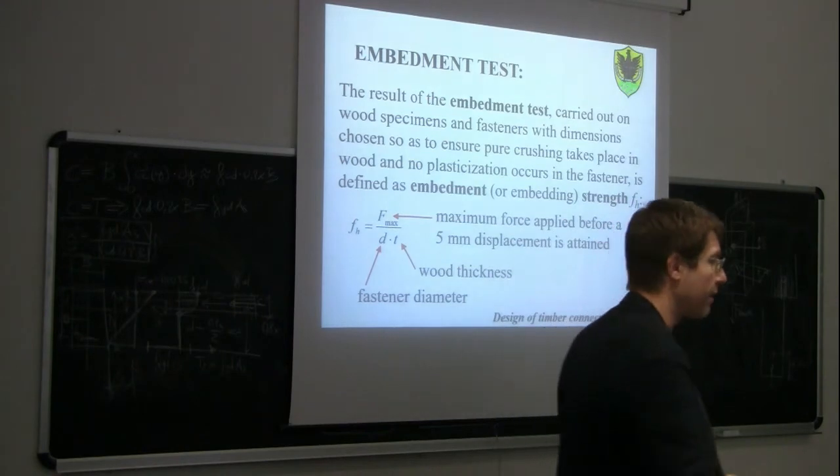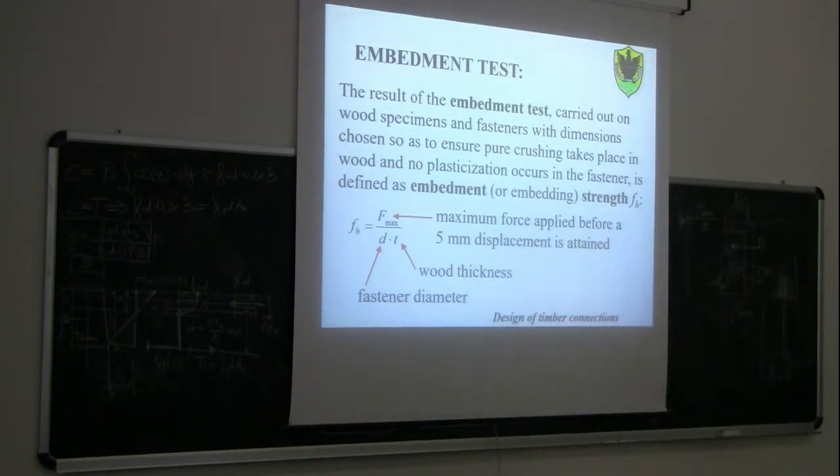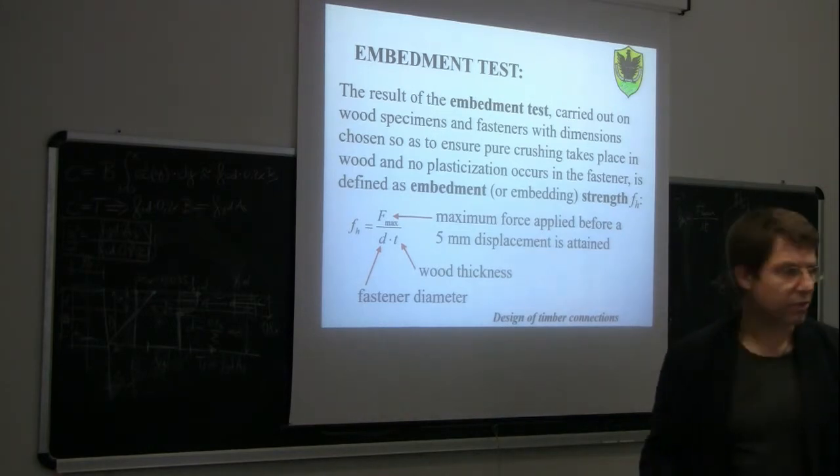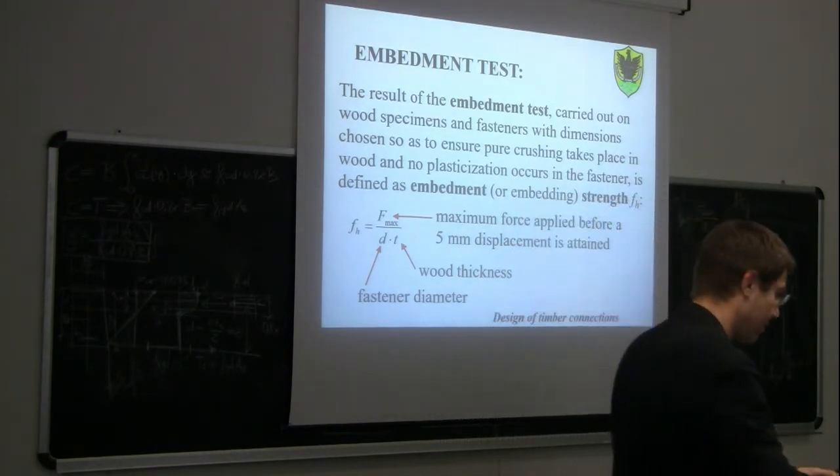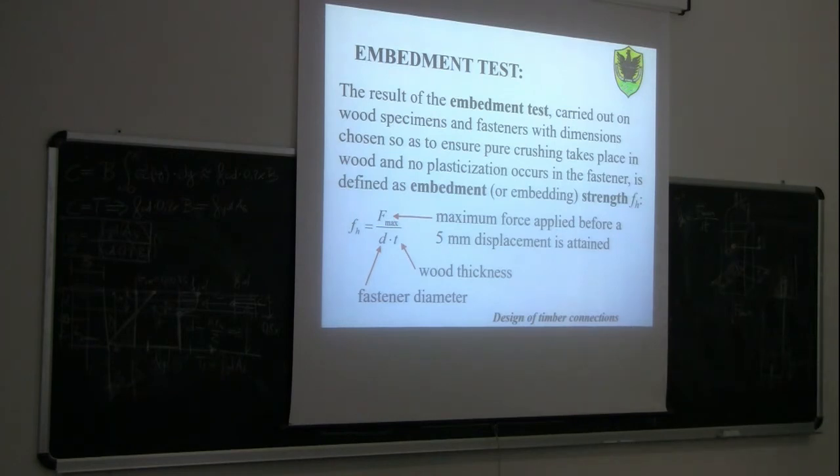So the cylinder of steel does not plasticize. Only the wood plasticizes at the interface with the steel. This test, in other words, is carried out by ensuring that the dowel will be stiff enough in order not to plasticize. So the only plasticization will occur here at the interface between the dowel and the wood. Okay, it's clear?